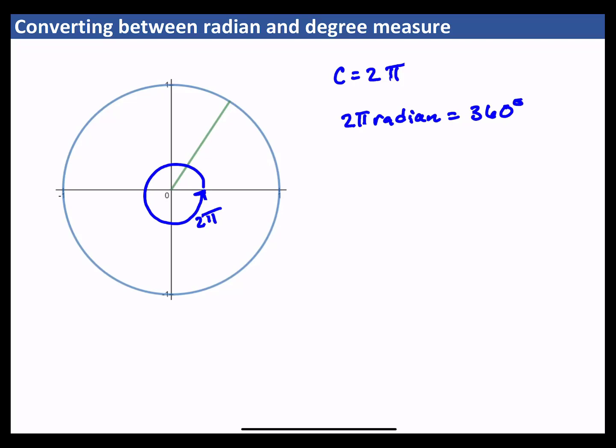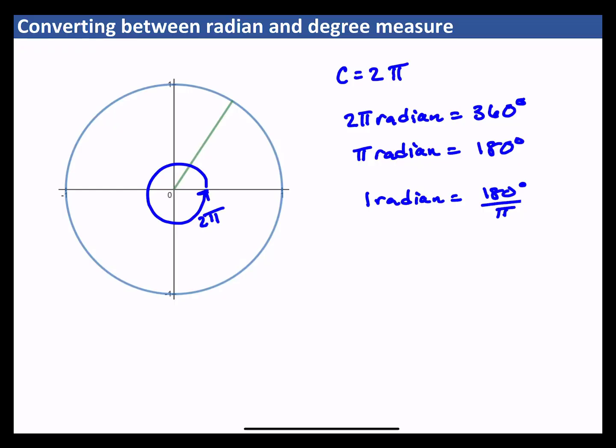So now let's divide both sides by 2, and we'll see that pi radians equals 180 degrees. And if we would like to convert 1 radian into degrees, then we can divide both sides by pi, and we would see that 1 radian is equal to 180 degrees divided by pi.